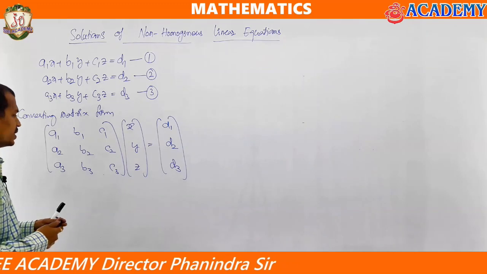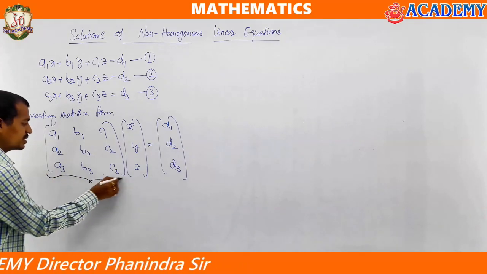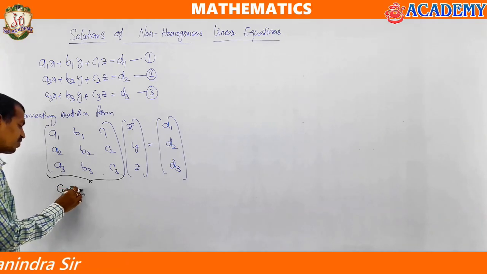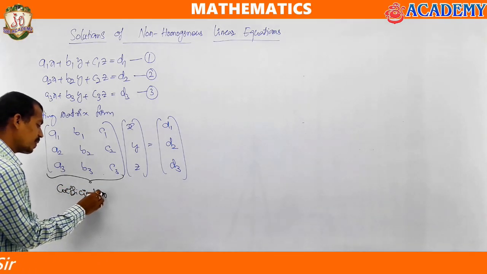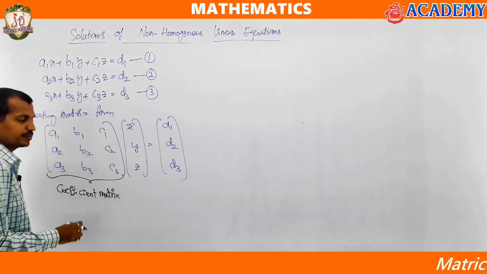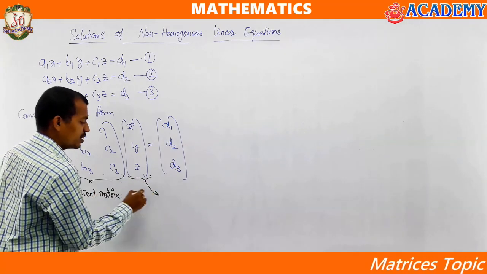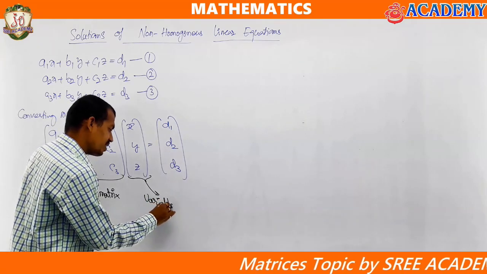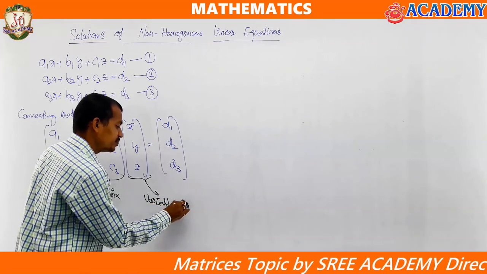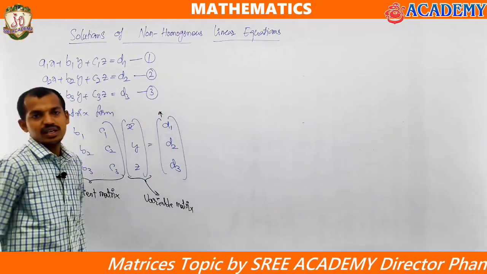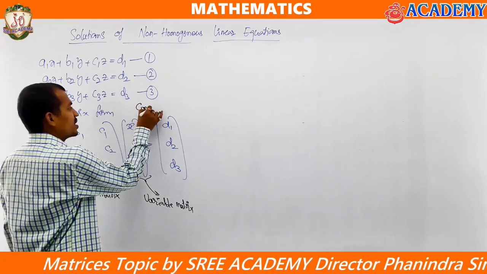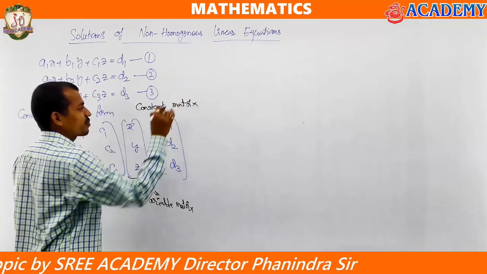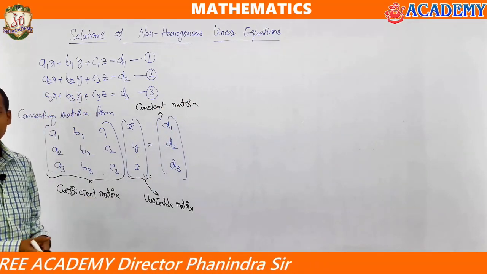We name these matrices: this is the coefficient matrix, this is the variable matrix, and this is the constant matrix. These are the three matrices.